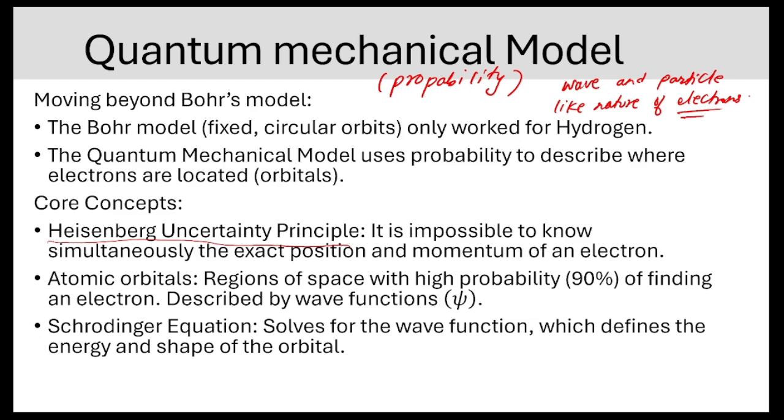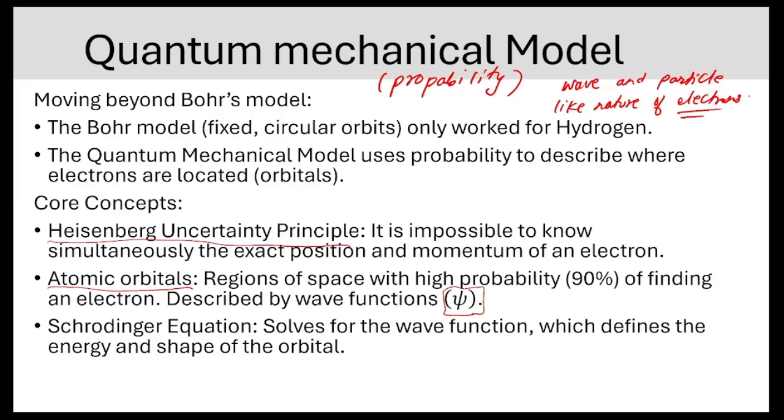Then we also have Schrodinger's equation, which when solved gives us the wave function represented by the symbol psi, and this wave function defines the energy and shape of atomic orbitals.